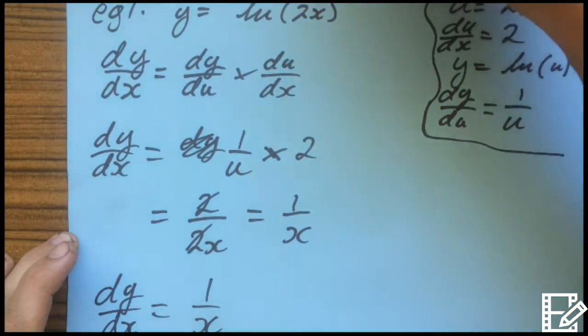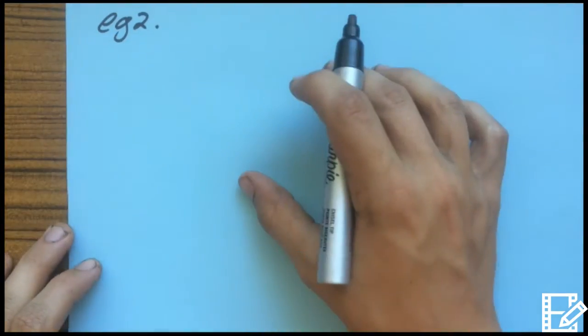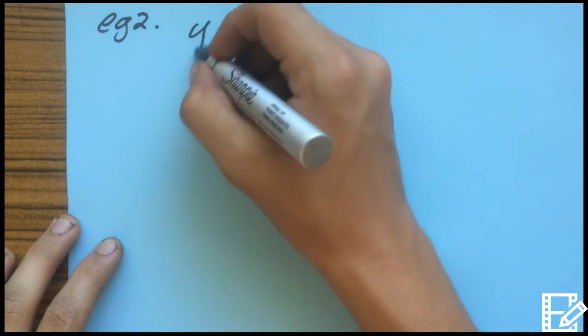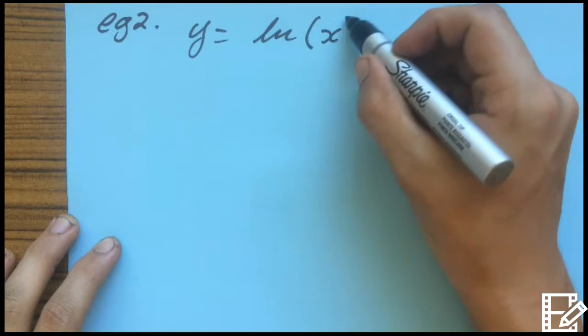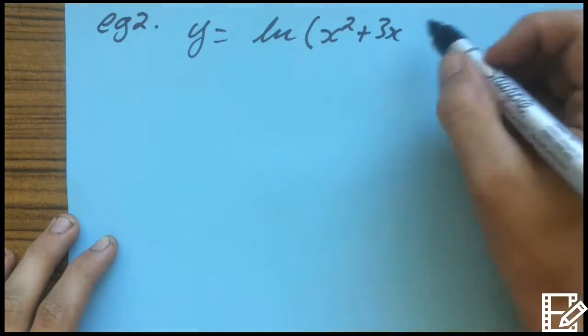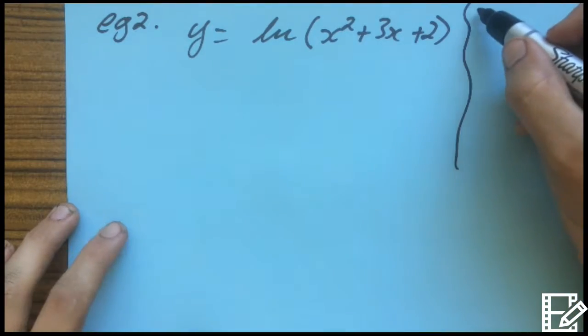Okay, so another example. Let's say y equals ln of x squared plus 3x plus 2. Start with the innermost function, u.